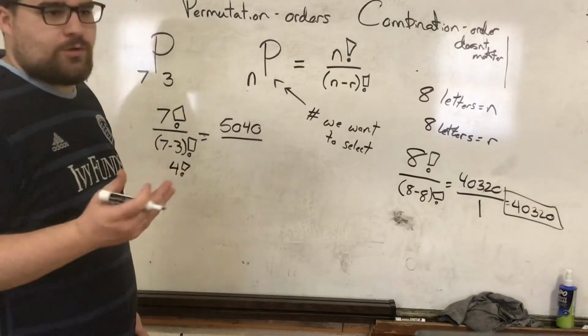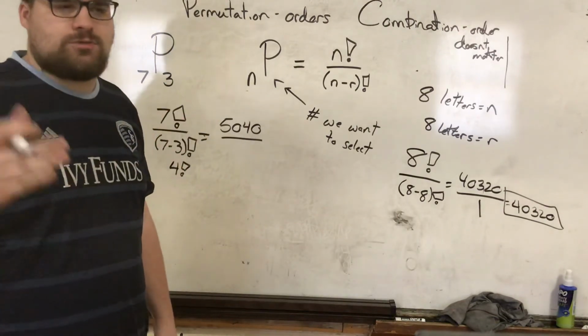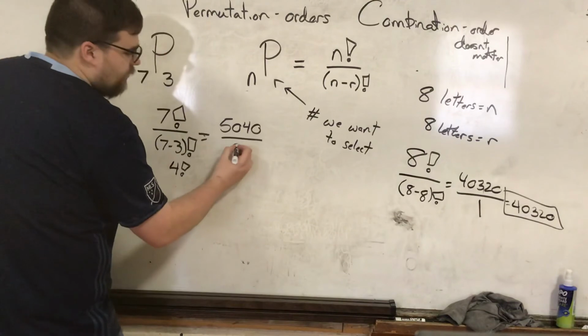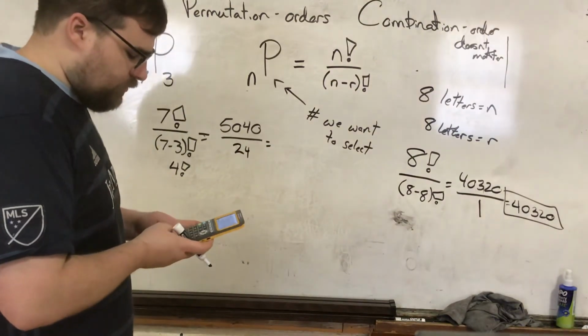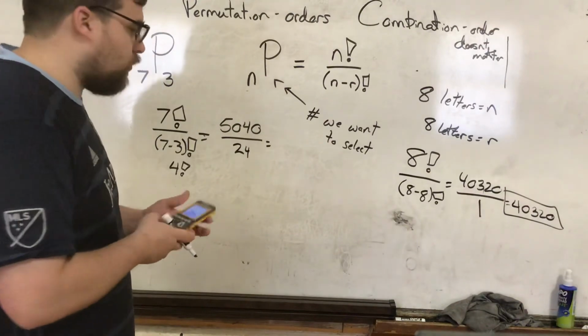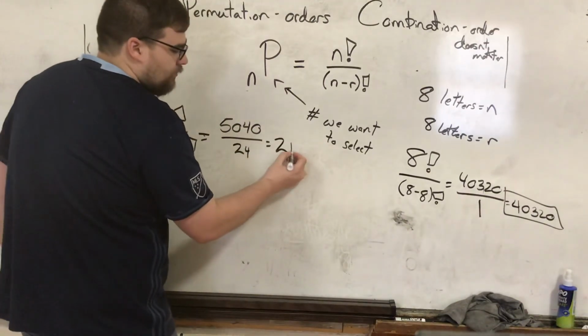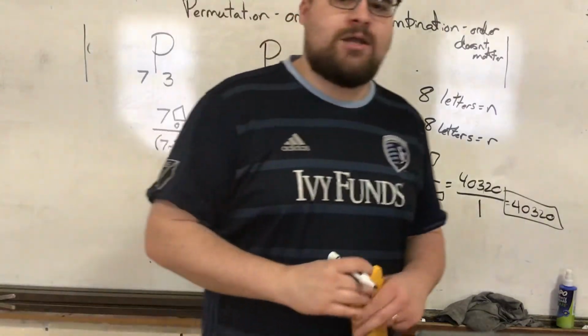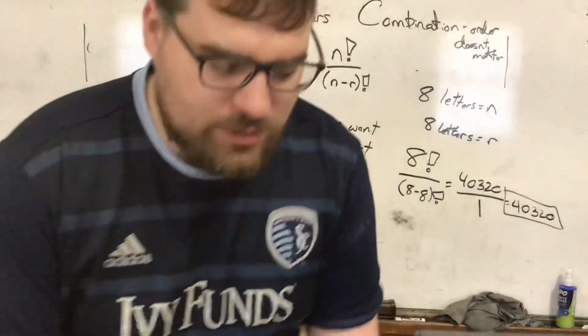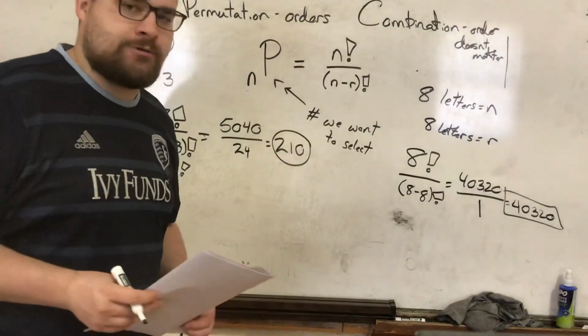Well, 4 factorial, 4 times 3 times 2 times 1, is going to be 24. And we can just divide this. 5,040 divided by 24, we get 210. So there are 210 different ways for these students to finish first, second, and third.